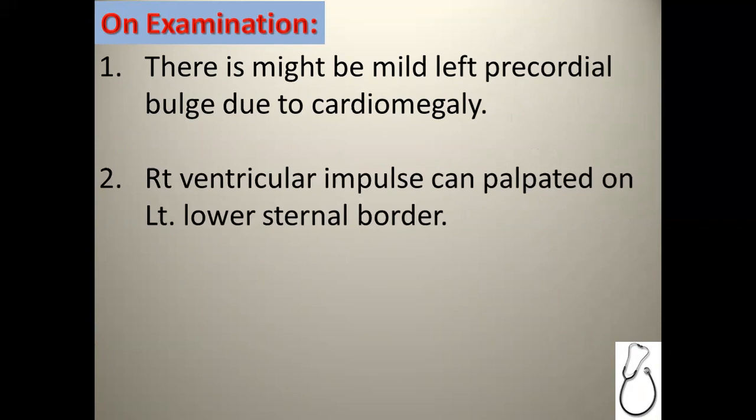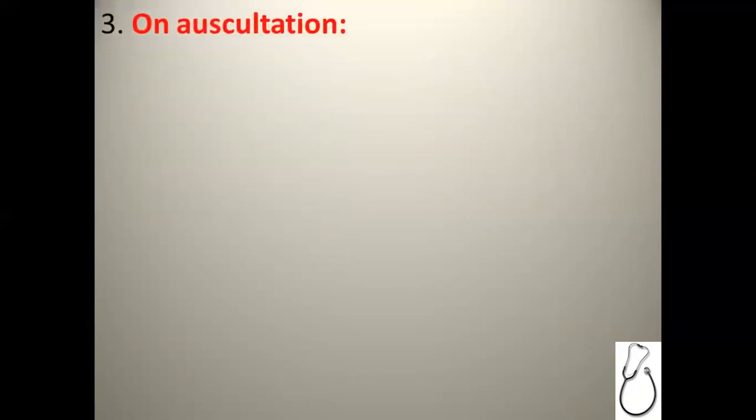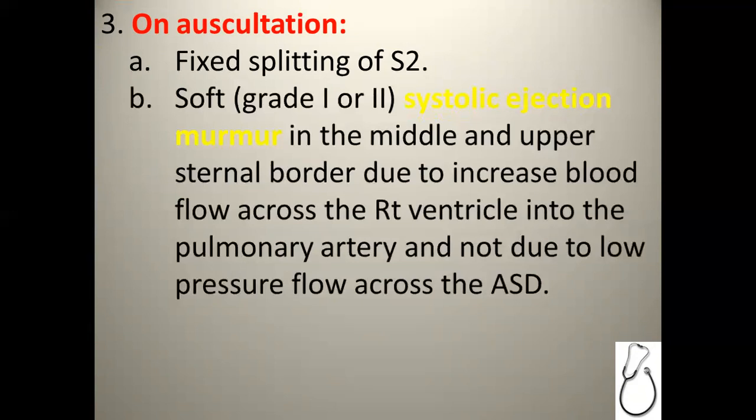can be palpated on the left lower sternal border, and on auscultation there is fixed splitting of the S2 and a soft grade 1 or 2 systolic ejection murmur in the middle and upper sternal border due to the increased blood flow across the right ventricle into the pulmonary artery, and not due to the low pressure flow across the ASD.